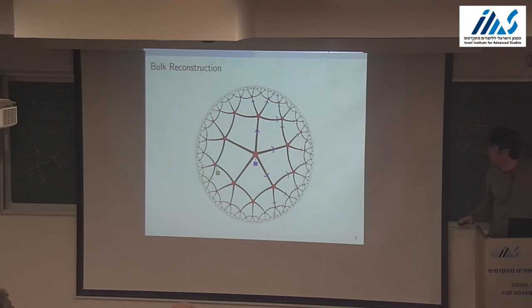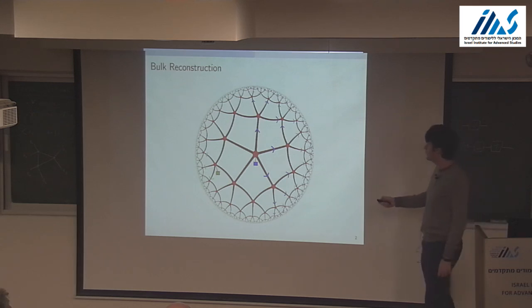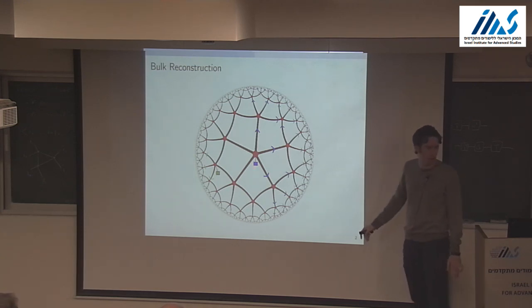And some of it is kind of funny, right? For example, say I take this operator here and this operator there in the bulk, they commute. No matter what operator I put here and what operator I put there, they're on different sites so they commute. But now push this one here and this one here, and ask, do they commute in the boundary? Well, apparently the answer is yes, but if you just stare at it, good luck.